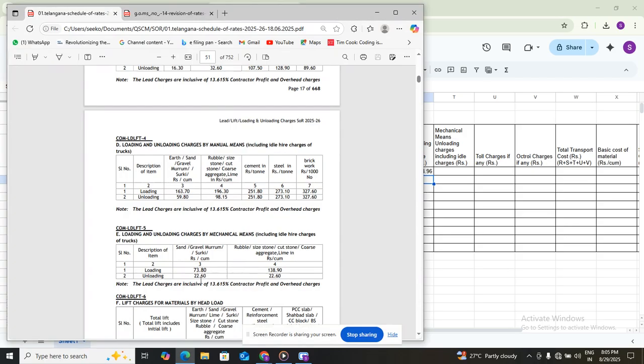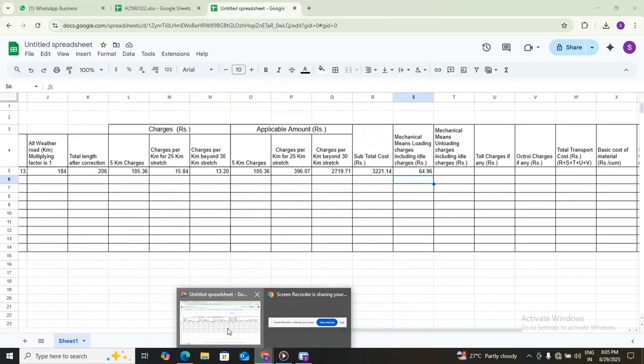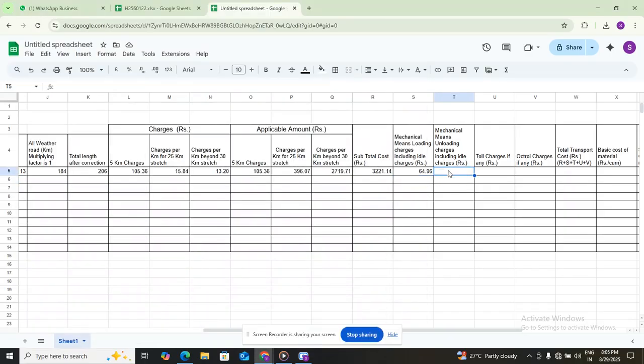Loading and unloading is 22.6. 22.6 divided by 1.13615 is 19.89 as the unloading charges.